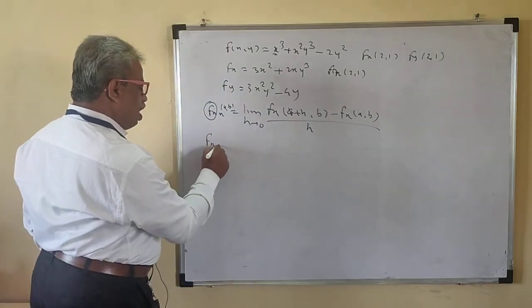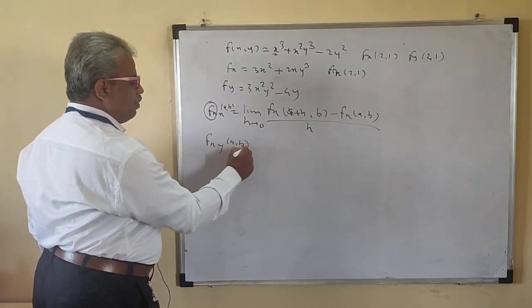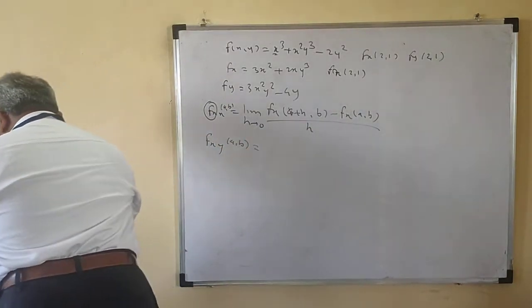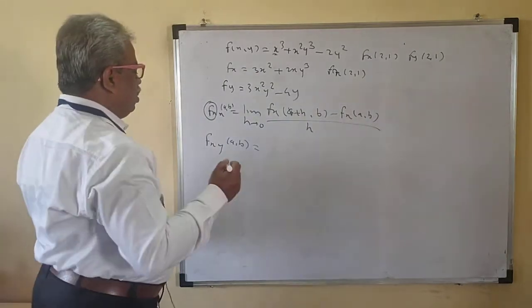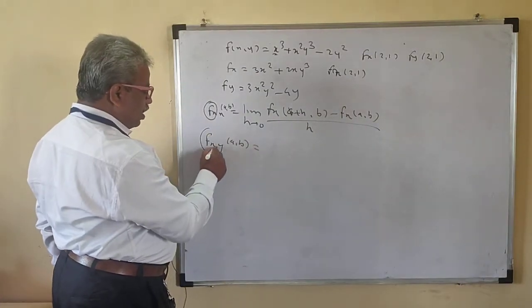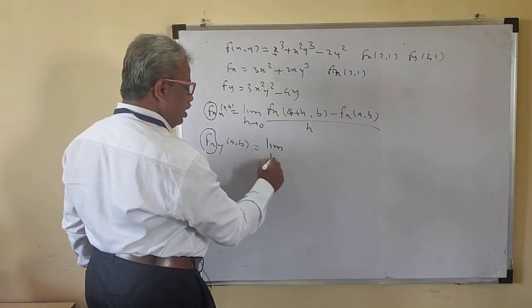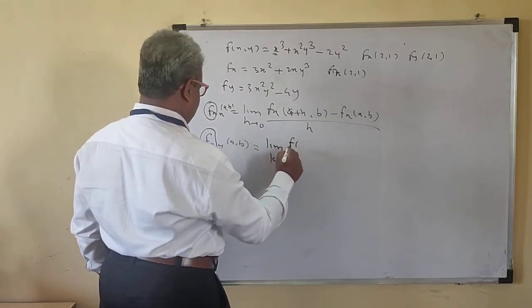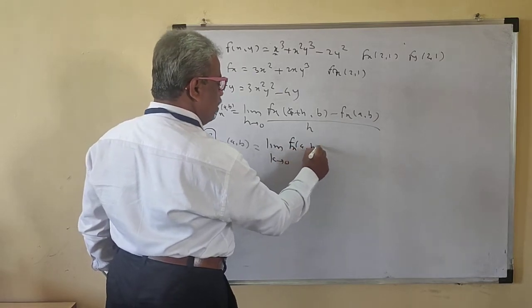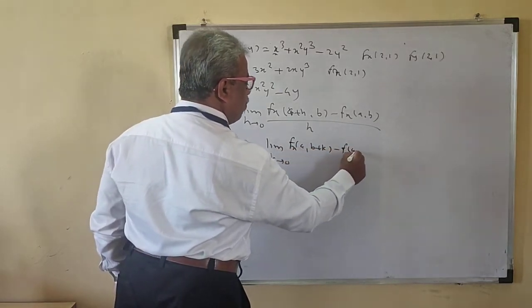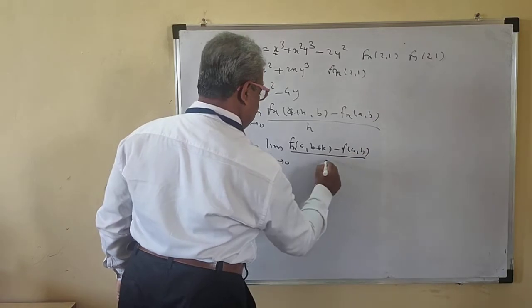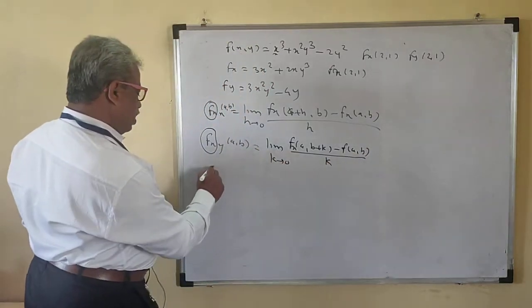Suppose you have to differentiate fxy of a, b. You are differentiating fx partially with respect to y. So this is limit k tends to 0, fx of a, b plus k minus fx of a, b upon k.